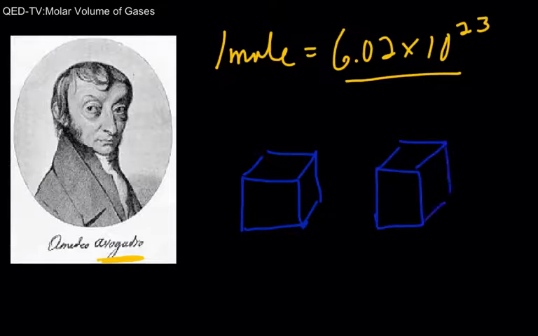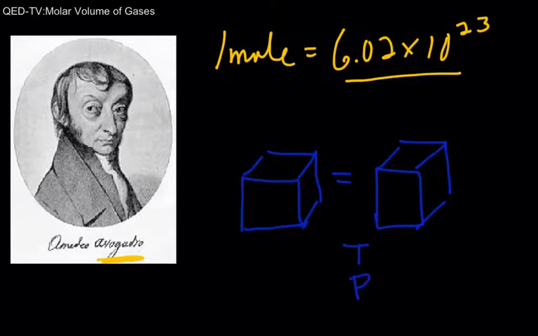Might not look the same, but let's say they're equal volumes. And of course, if they're in the same room, they would be under the exact same conditions, which means there's temperature, and of course there's pressure.